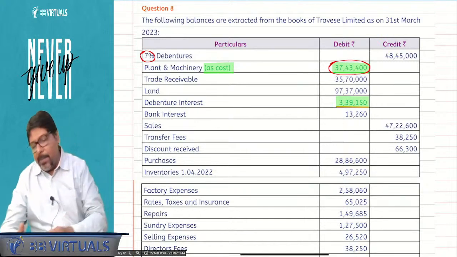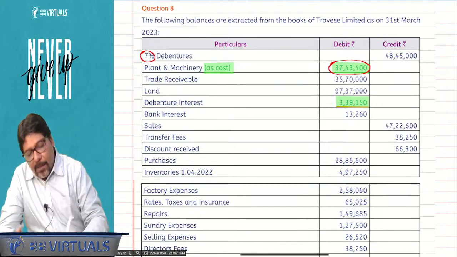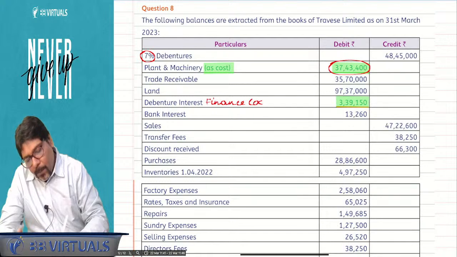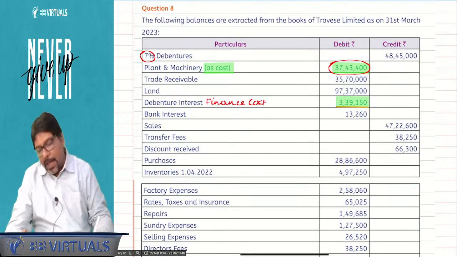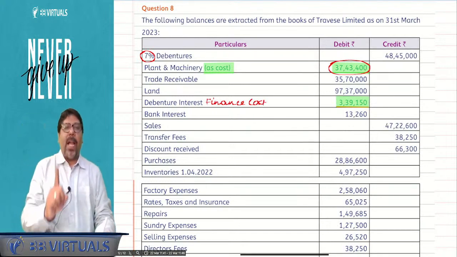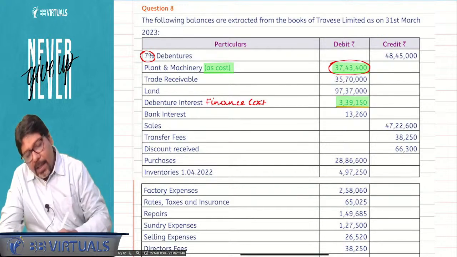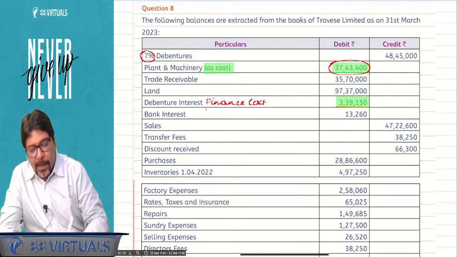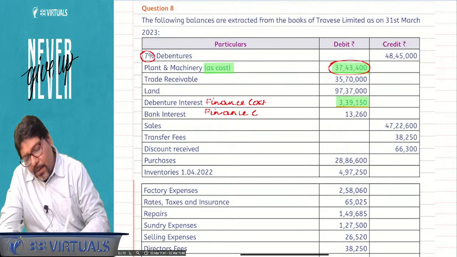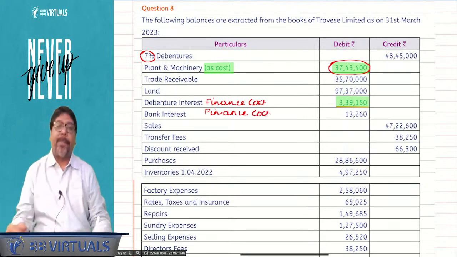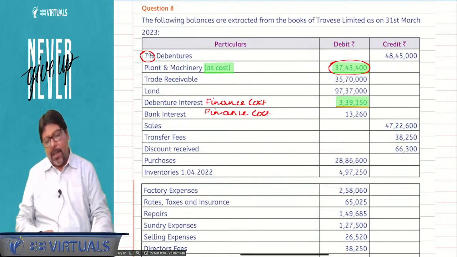Where will debenture interest come? Debenture interest will come as finance cost. Very good. Bank interest is on the debit side. Is it income or expense? It is an expense. It will come under the head finance cost.